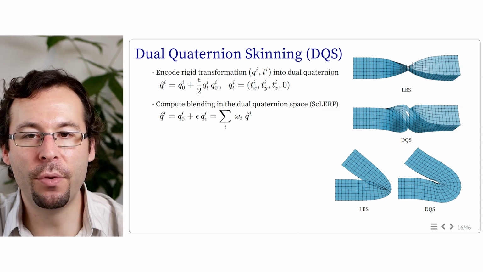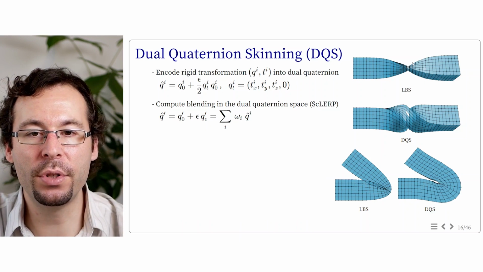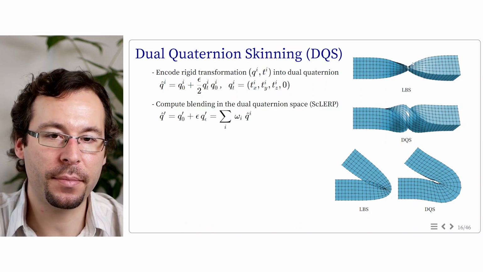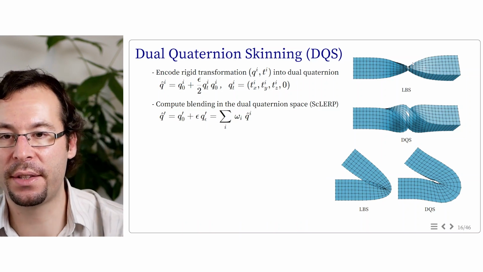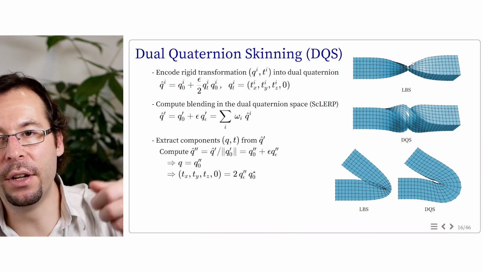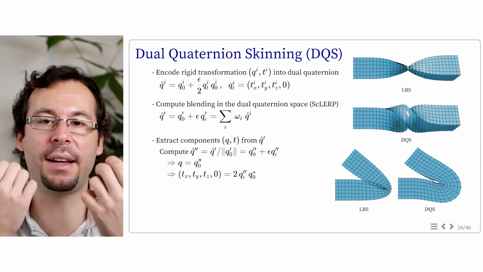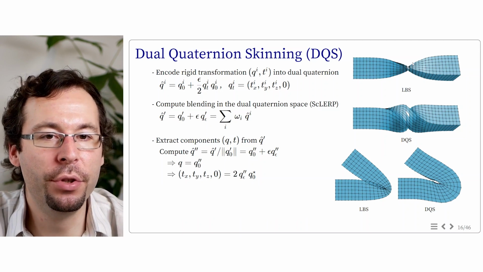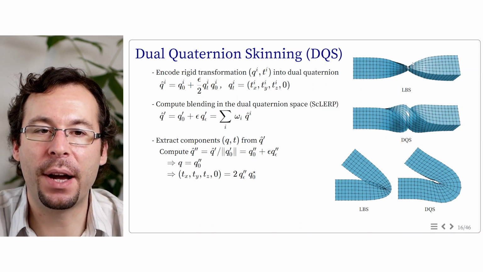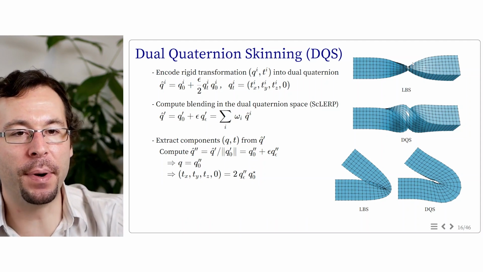So we have Q prime hat, which equals the sum over all the bones of omega times Qi hat, with omega being the skinning weights. And then we can normalize this blended dual quaternion and extract the rotation and translation components. So we compute a new dual quaternion, Q hat prime prime, by normalizing it with the norm of its real part.